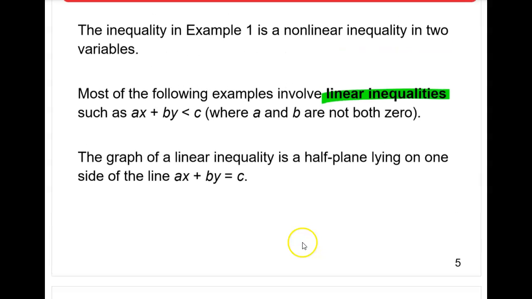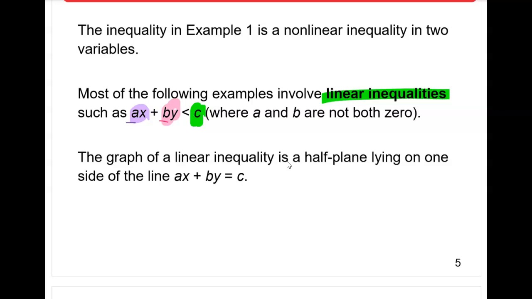So in this case, we will have the type just like linear functions, where you have an x, you have a y, and a and b are just the coefficients. So a is the coefficient of x and b is the coefficient of y. They're just real numbers. And then c is the constant term.